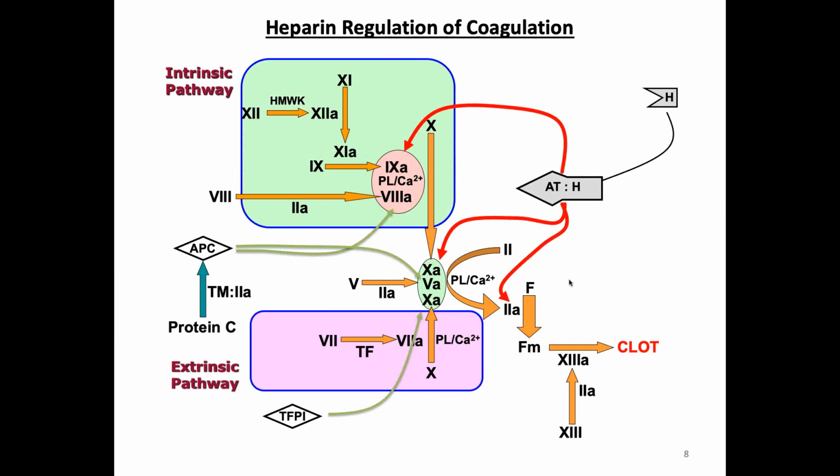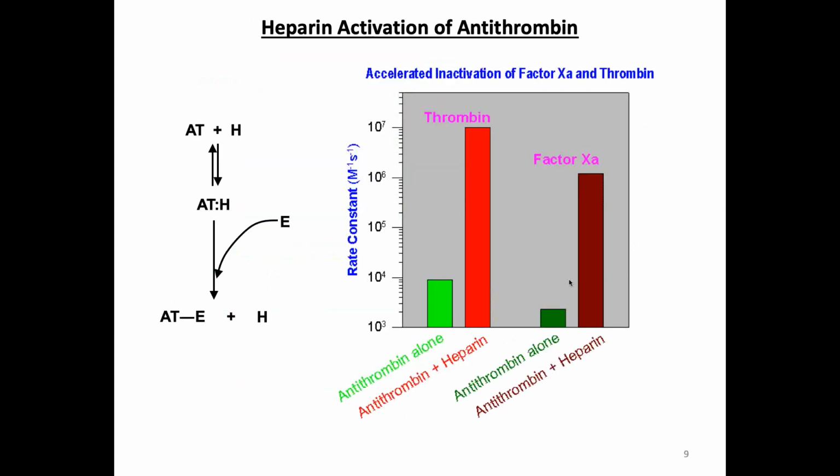And it turns out that heparin binds to antithrombin to give you this kind of a complex. Antithrombin alone is an anticoagulant, but it's not a very powerful anticoagulant. It's a weak anticoagulant. So what heparin does is it activates the antithrombin to inhibit thrombin, factor 10A, and factor 9A much more efficiently, so that heparin behaves as an anticoagulant.